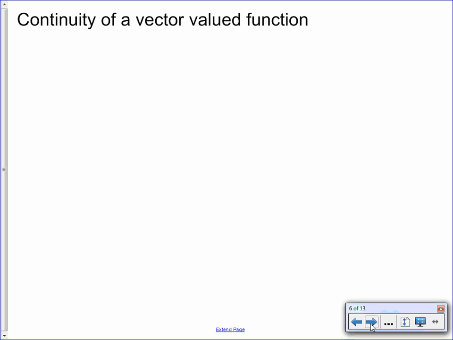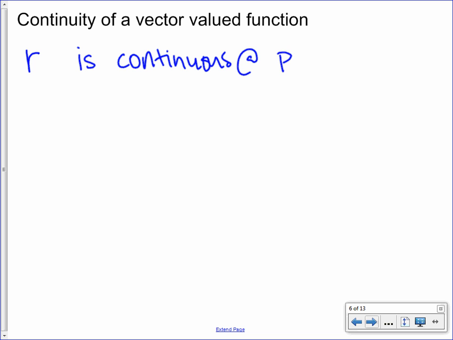Okay, so we're going to call our function r. If r is continuous at t equals a, what has to be true? Both of the component functions are. The limits from both sides have to be the same.